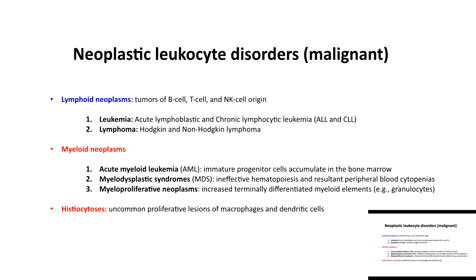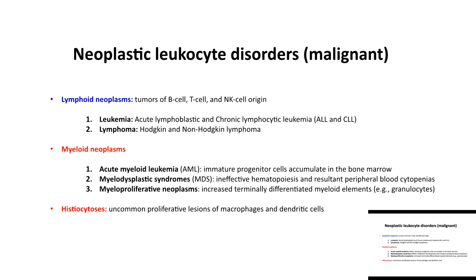It is interesting that in case of myeloid neoplasms, all of them would arise from the bone marrow. So we have the acute myeloid leukemia, we have the myeloproliferative neoplasms, including the chronic myeloid leukemia, and then there is the myelodysplastic syndromes.